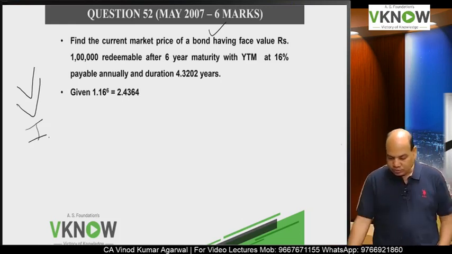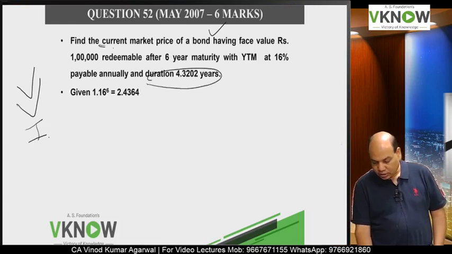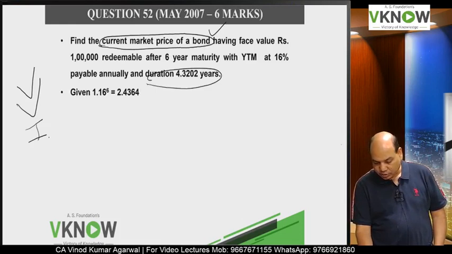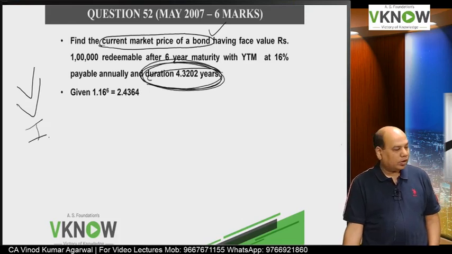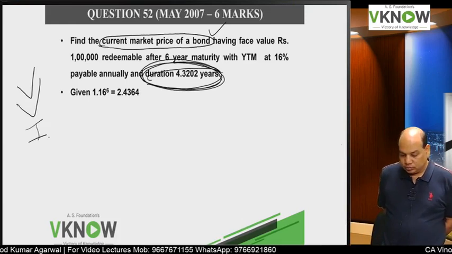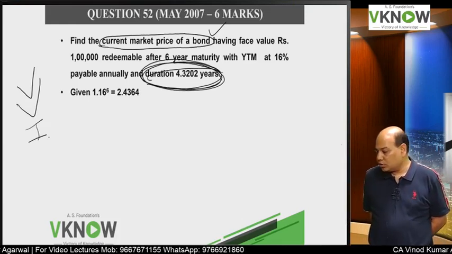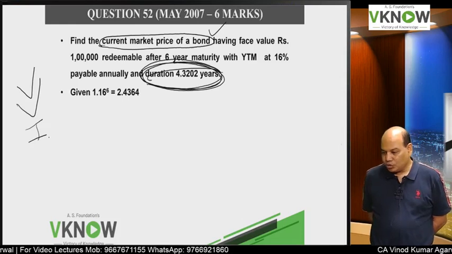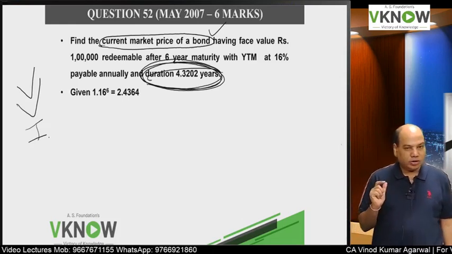In this question, we have to find current market price of the bond, and you are given duration of the bond. So I will give you 30 seconds to try your luck. You have to give me current market price of the bond.